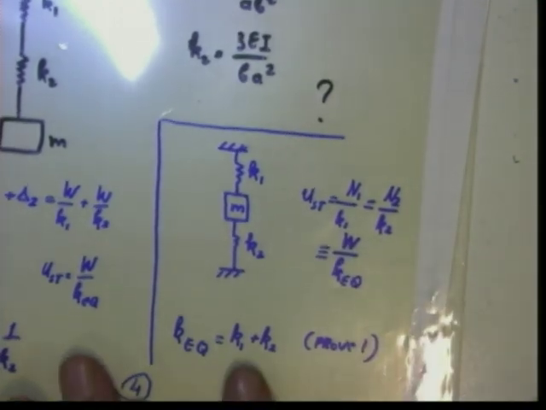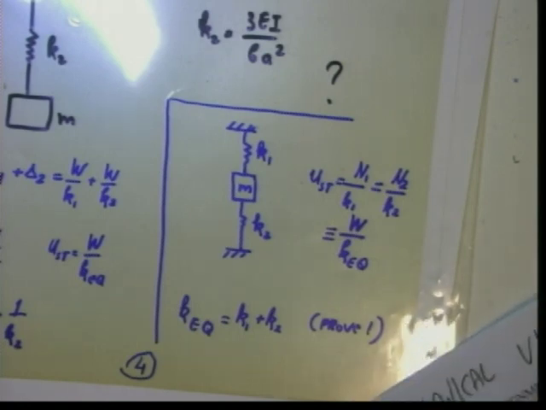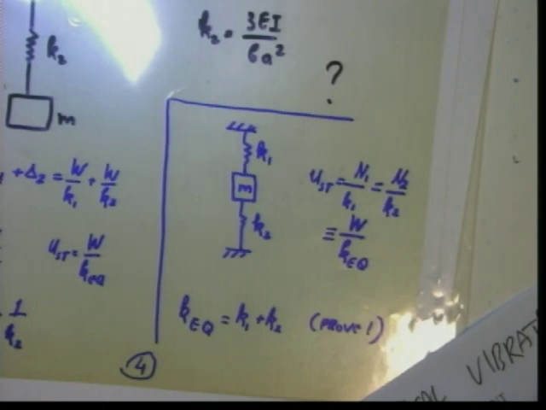So I would like to ask you to prove that K equivalent equals K1 plus K2. That is homework number 3, if you remember. Homework number 3 will be to prove K equivalent equals K1 plus K2 for a system of parallel springs.